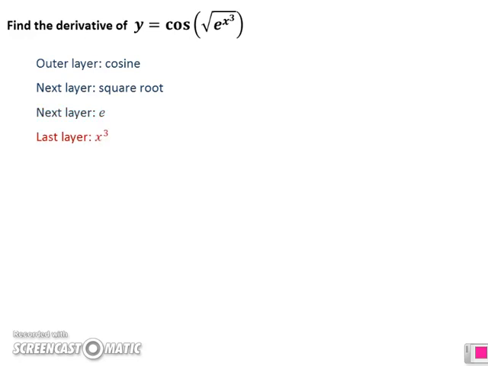So when we do the first layer, the derivative of cosine is negative sine. All the stuff on the inside stays the same. And now we're going to multiply. Let's take the derivative of a square root. The stuff on the inside of the square root stays the same. It's just the square root piece. Whatever's on the inside of the square root gets to come along for the ride. And the next layer is the e.